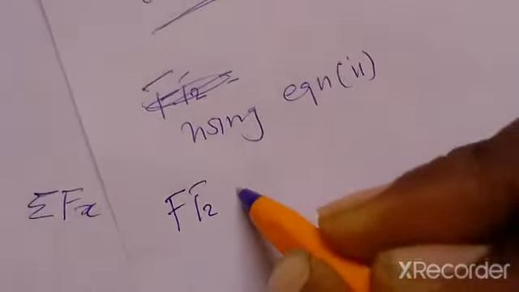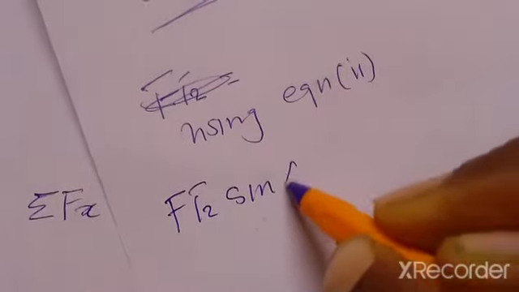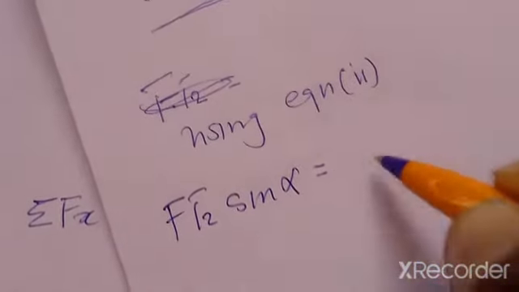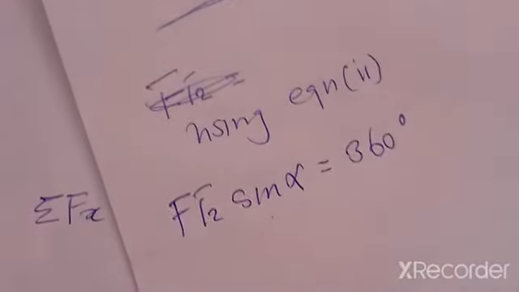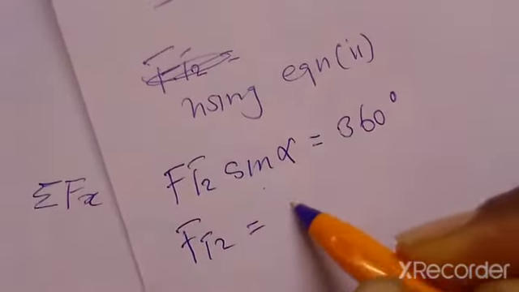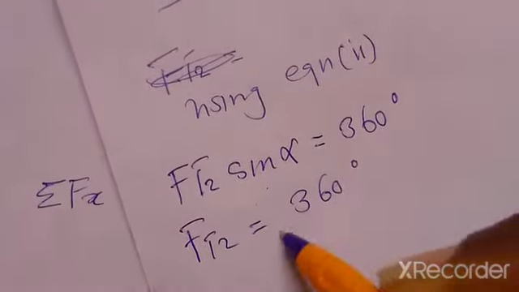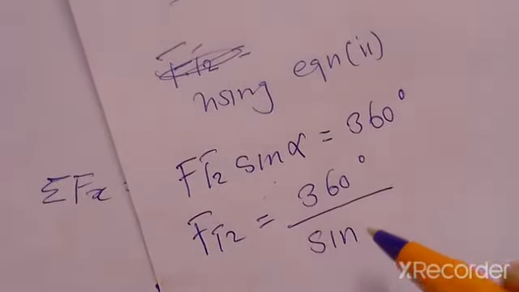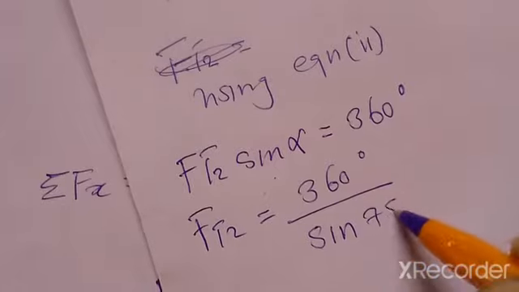So using equation 2, we can say that ft2 sine alpha is equal to 360 newtons. Okay, so we'll be able to find ft2 as 360 divided by sine 75.6 degrees.